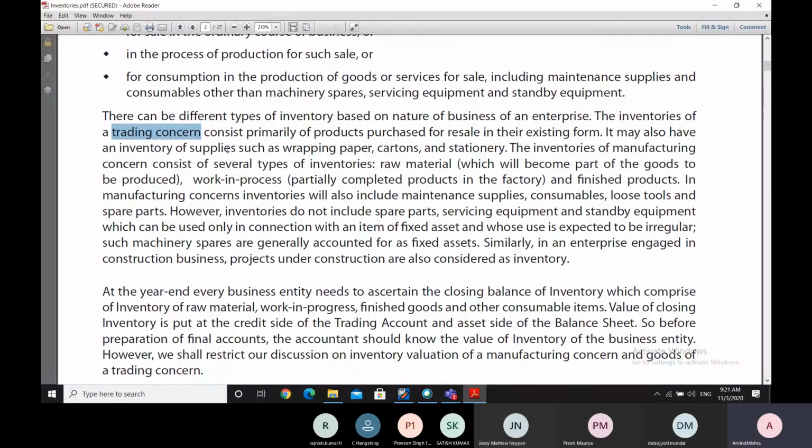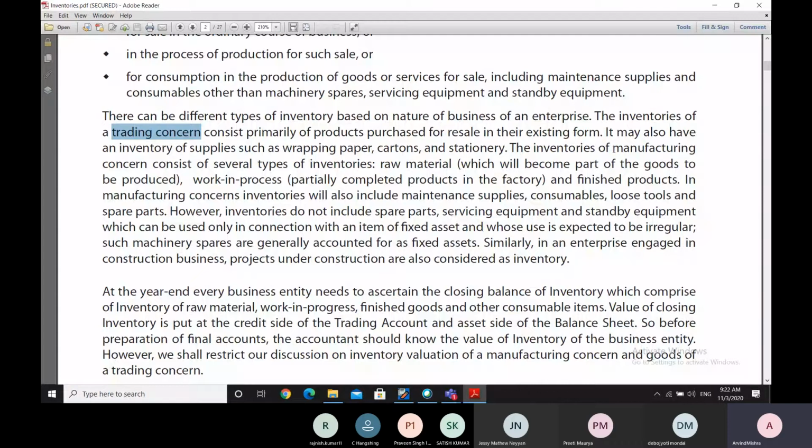However, this trading concern may also have inventory of supplies such as wrapping paper, cartons, stationery, that is, the packing material and the stationery. Because a trading concern may have a large amount of wrapping paper, cartons and stationery also, because nowadays for selling traded items we need a lot of packing material.